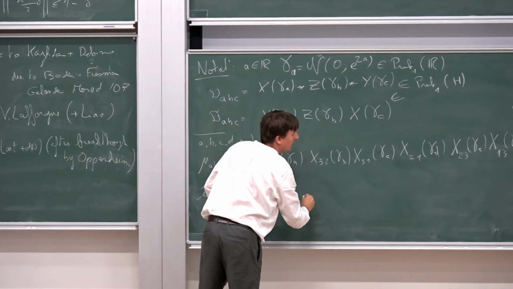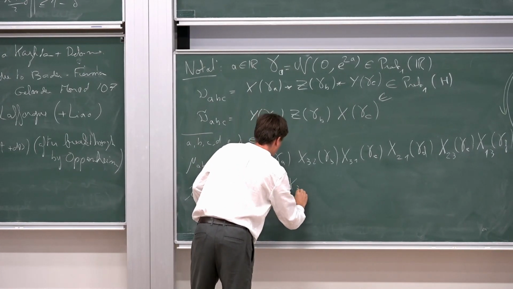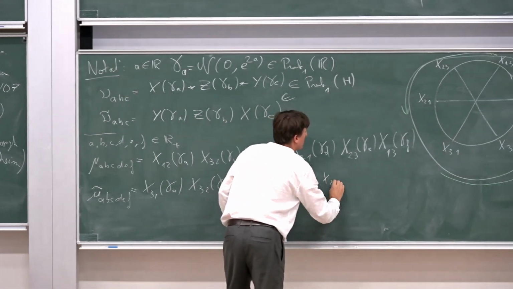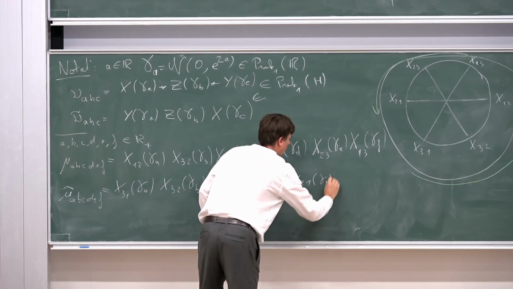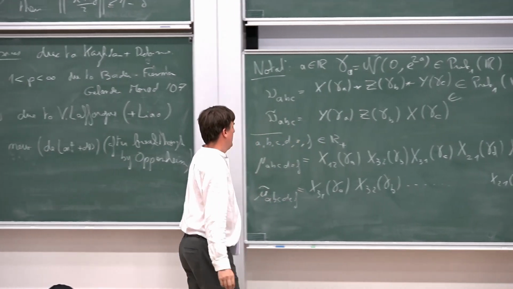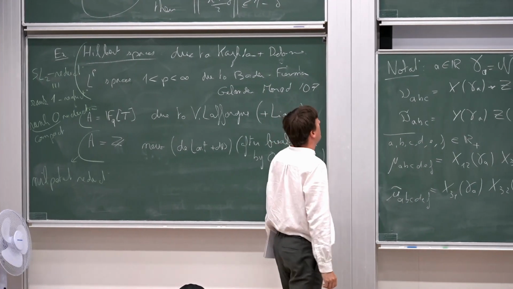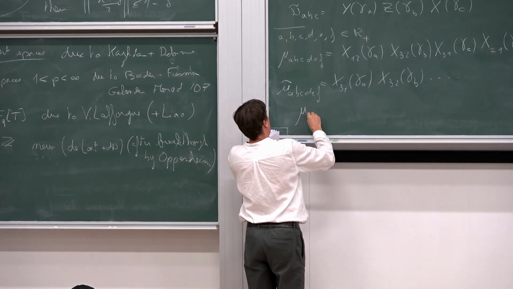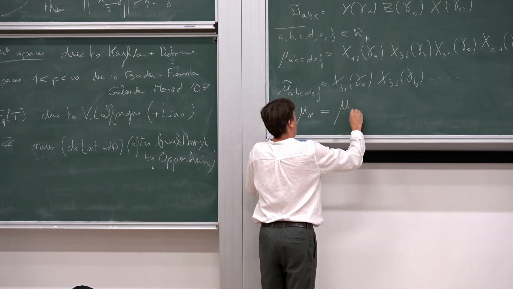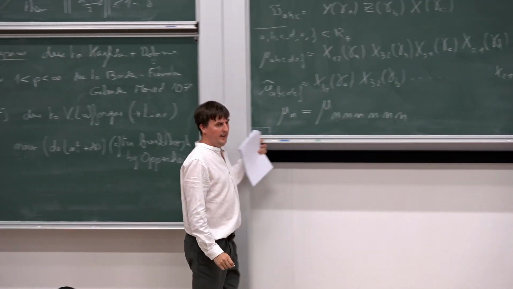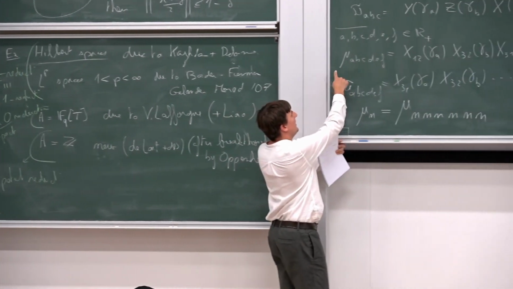Then I take x32, etc., up to x21 of gamma. Okay, and then now I will define mu n to be just mu n.